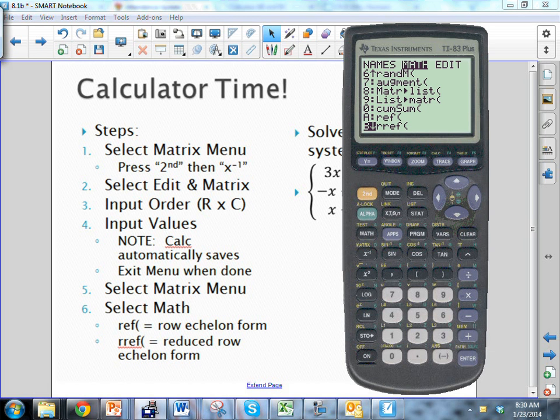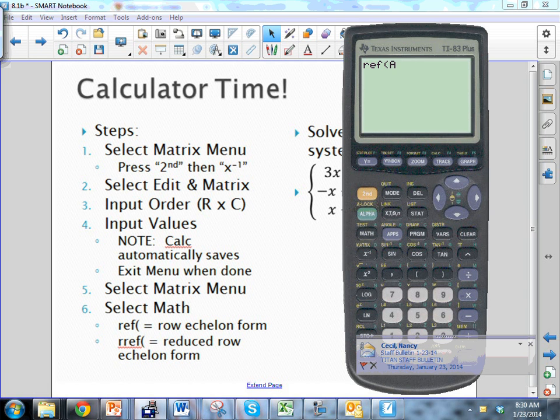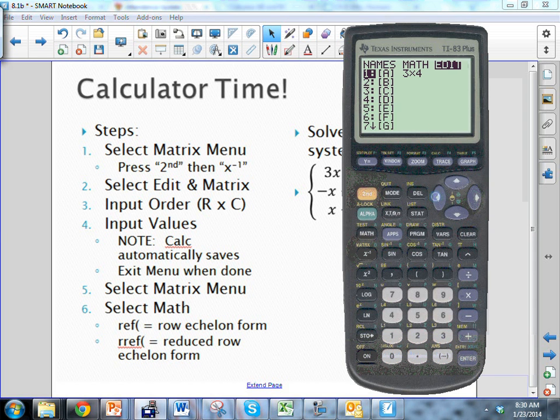Here is REF, which means row echelon form. So if we choose that and then call up our matrix, matrix A, we have to call up our matrix. Row echelon form, second matrix, and I want matrix A.